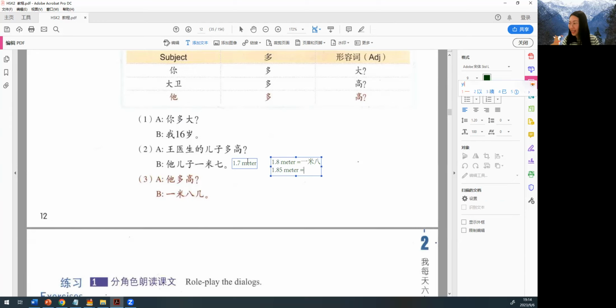So the 85 centimeters, if we use the 米 as a measure word within the height, we are not going to say 85. After it, we will directly say 八五, 8 and 5. So we will directly say it like this. I make a space between to see it clearly.